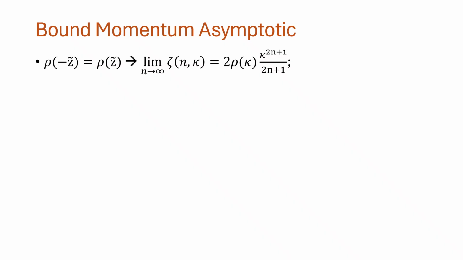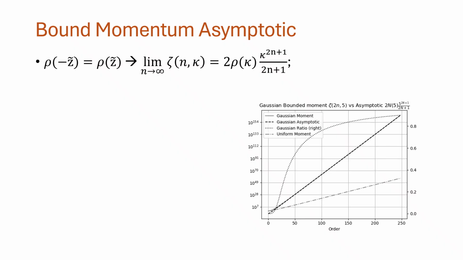Now, let's look at the bounding momentum asymptotic when n equals infinity. We can prove using a symmetric distribution the bounding momentum with order n and range k equals this. Right?